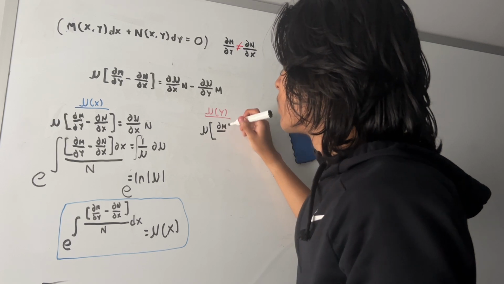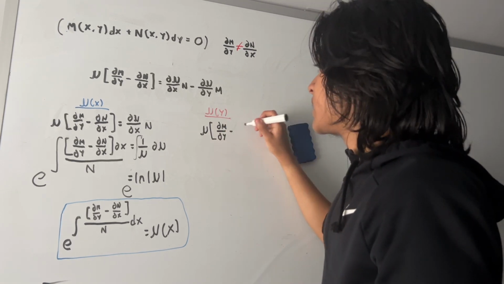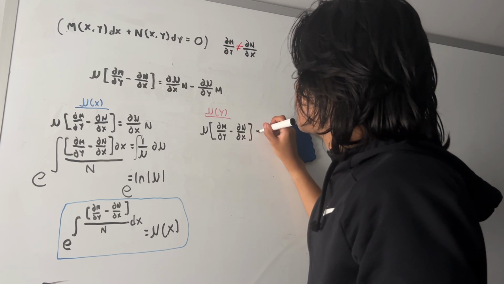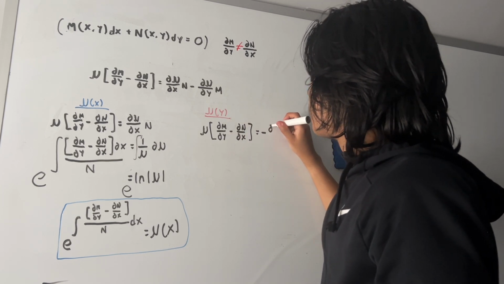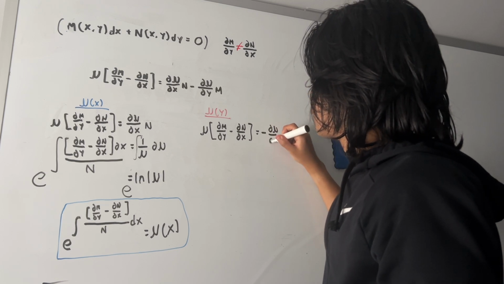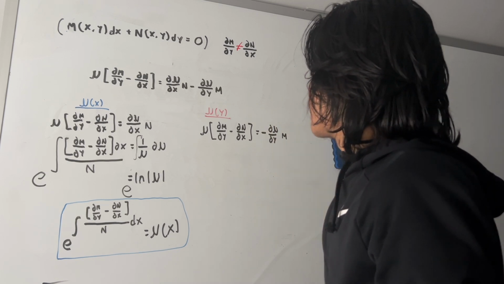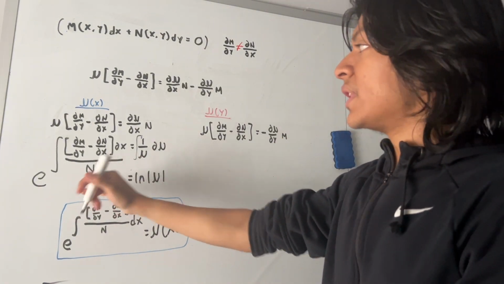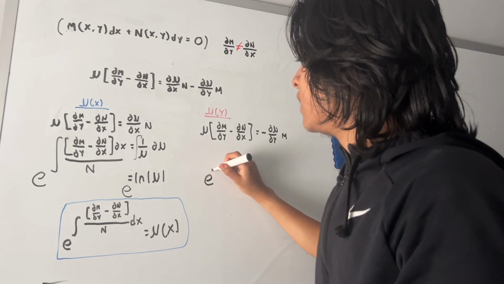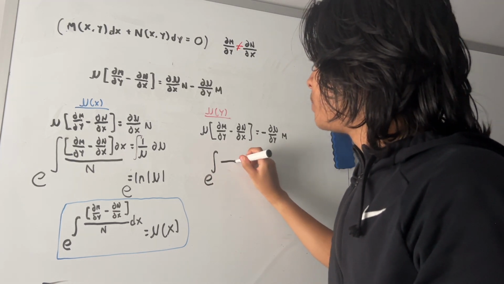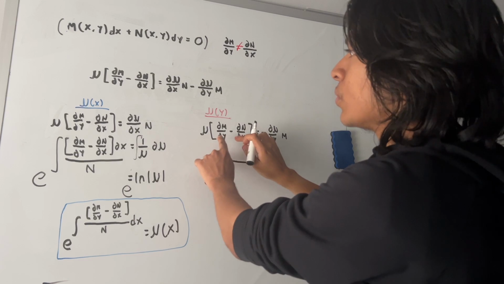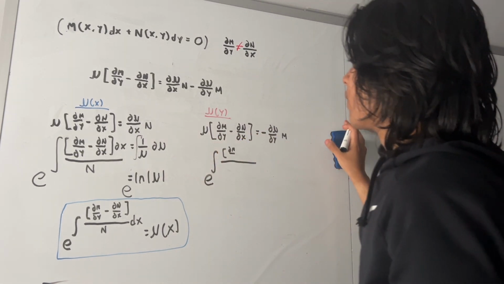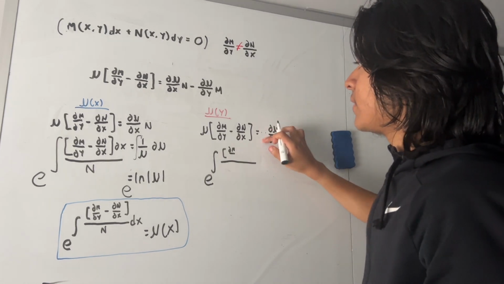So now we have partial M, everything on the left stays the same. So we have this is equal to the negative partial u partial y of M. And if we were to go ahead and solve this the same way we did with this one, we would get e to the power of the integral of this whole term right here. So I'm going to take this negative and put it on the inside.